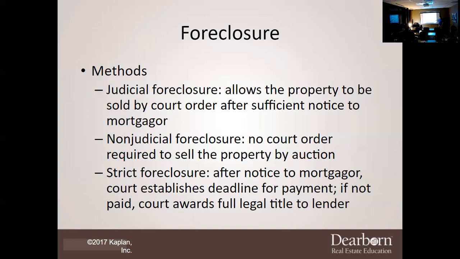Starts with a B. The buyer or the borrower. After notice to the borrower, the court establishes a deadline for payment. And if it's not paid, then the court awards the full legal title to the lender. Okay, that's another option.